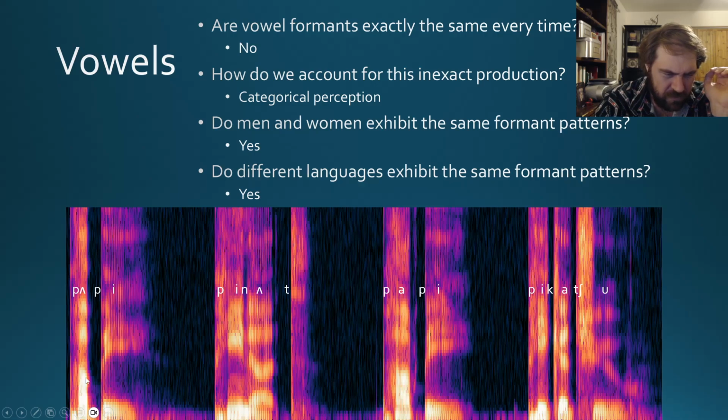F2 is right there. This is F3. And you can see that for the E, that's F3 right there. That's kind of sliding up a little bit. This is F2 right here. You can see it kind of slide up a bit from the P also. So there's F2 and then there's F1 all the way down there. So we've got high F1, low F2, and then moving into the E, we've got low F1, high F2.